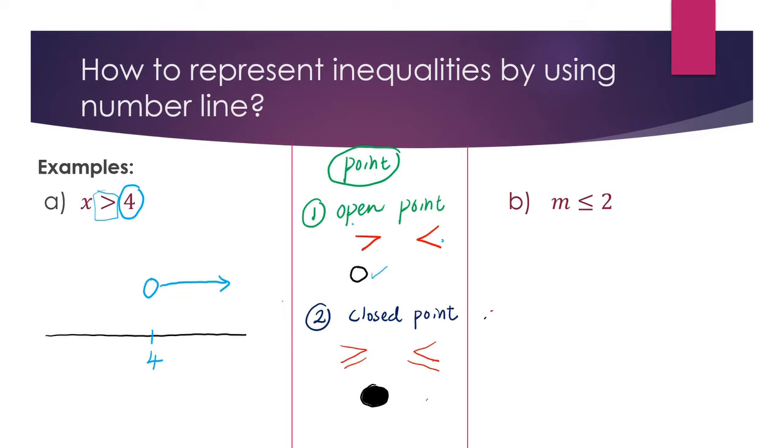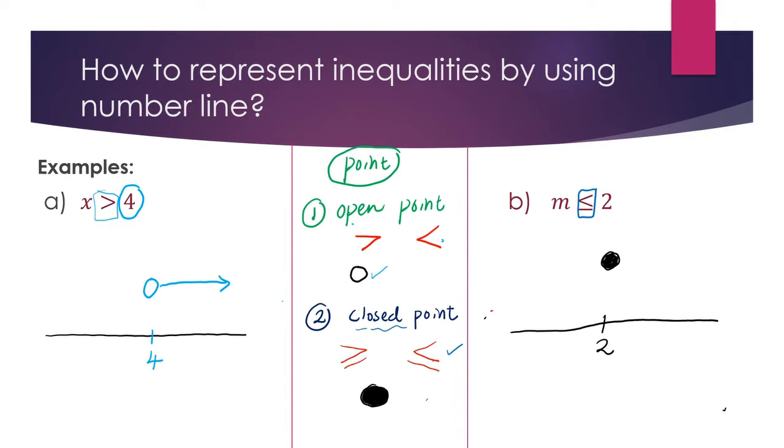Now for example B, m less than or equals to 2. So I draw my number line, a straight line. This time I have the number 2, and 2 is a point on my number line. So what type of point is this? We look at the inequality. It is less than or equals to. So this point is going to be a closed point, so I have to shade the middle part.